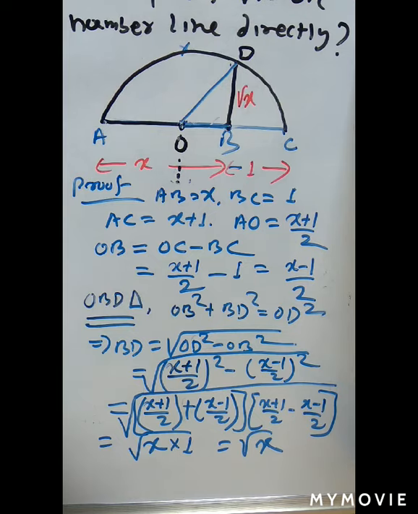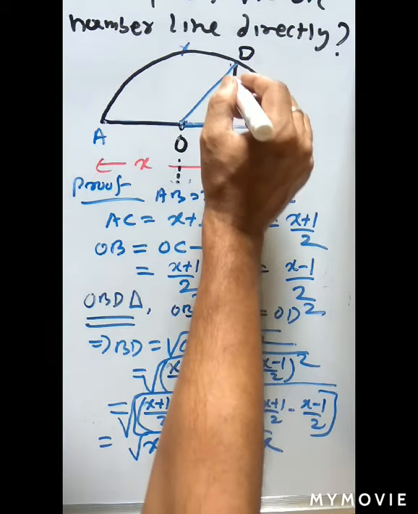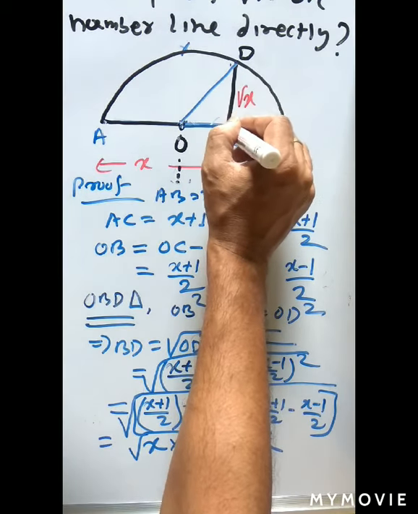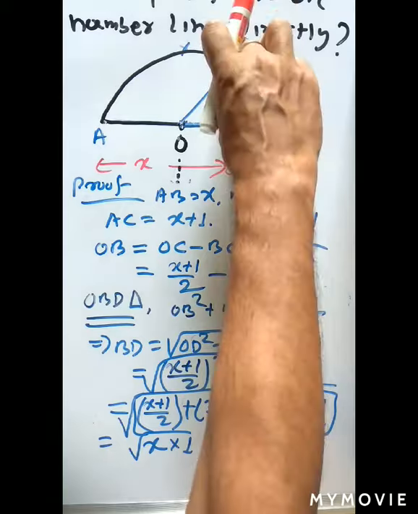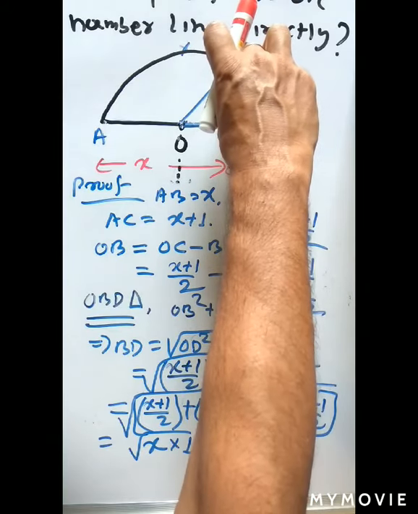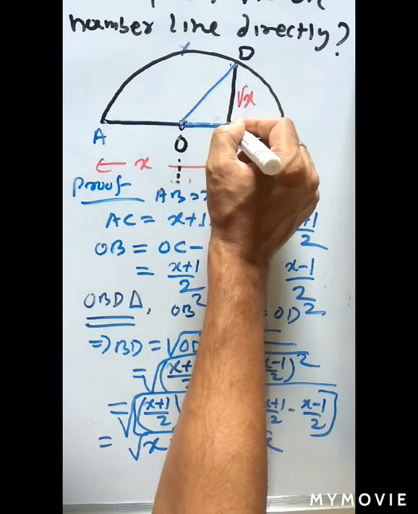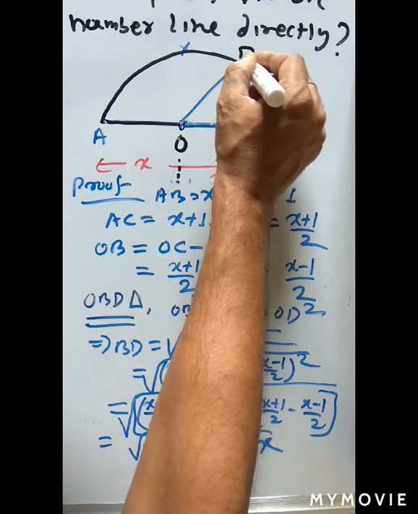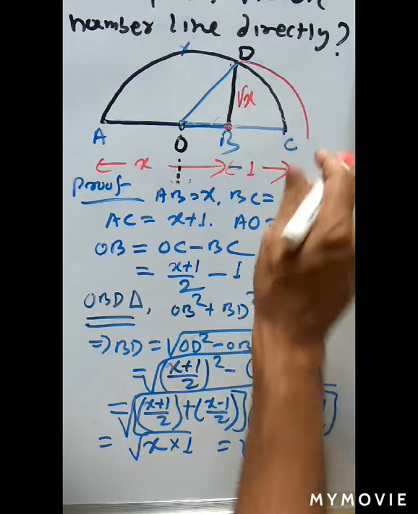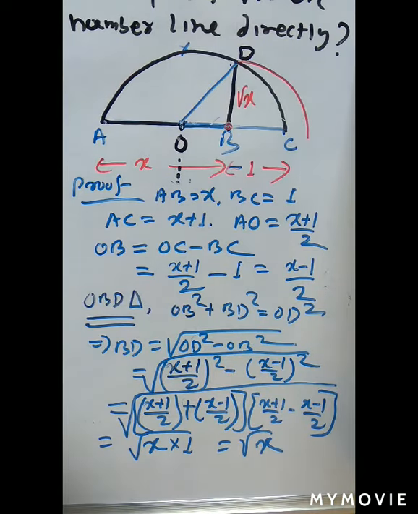Now you got square root of x. After getting square root of x, with B as the center and BD as radius, where BD is nothing but square root of x, draw an arc.